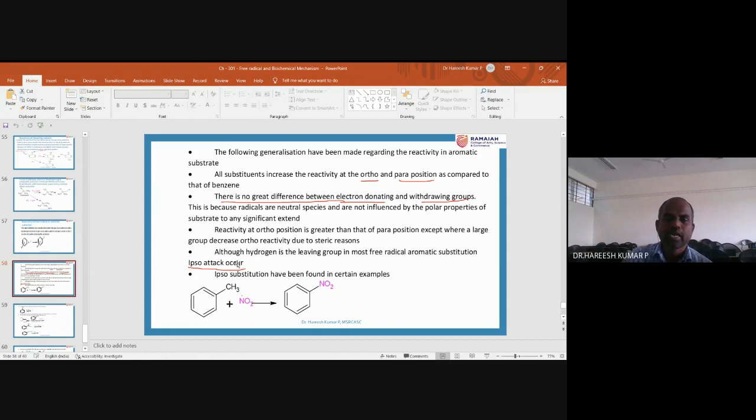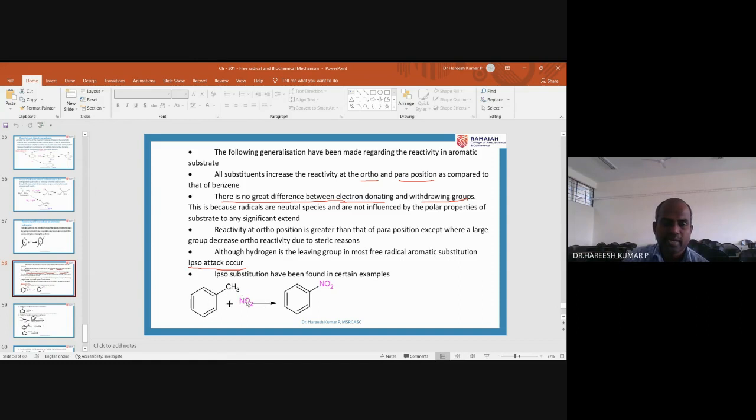Ipso attack means that if a substituent is present in a benzene ring and the free radical attacks the position where that substituent is present, such reactions are called ipso attack.